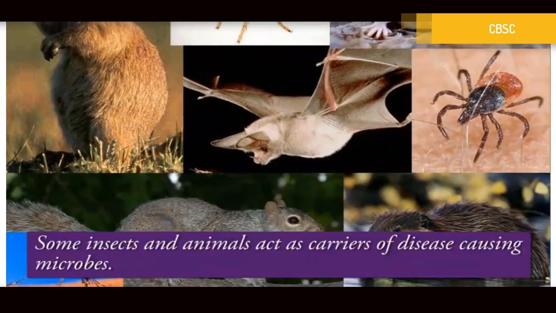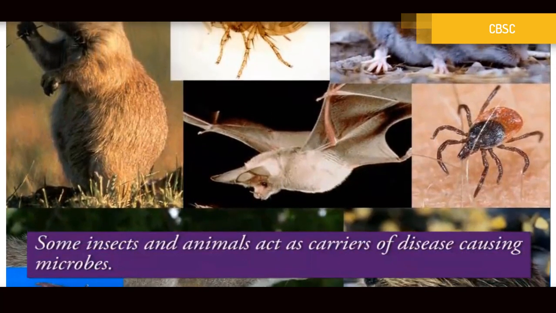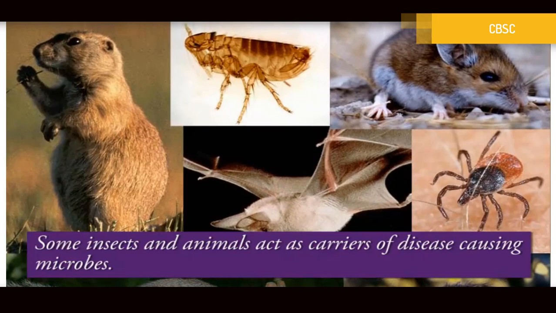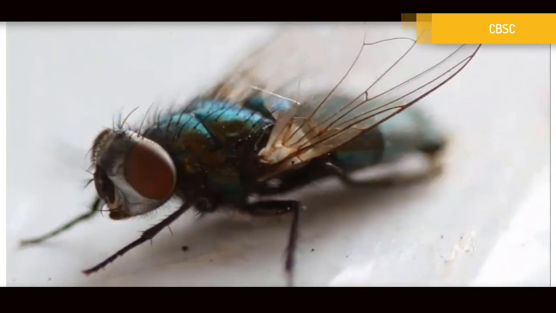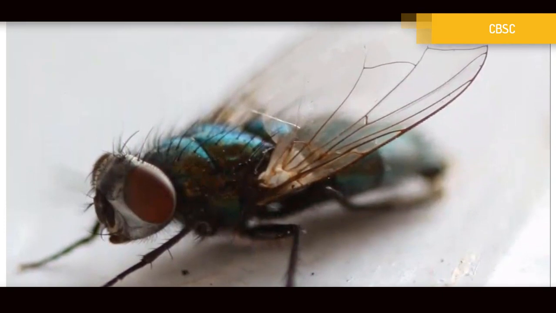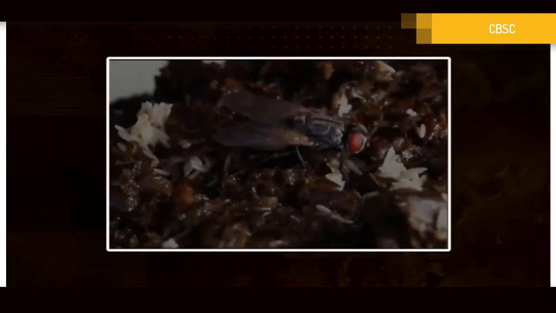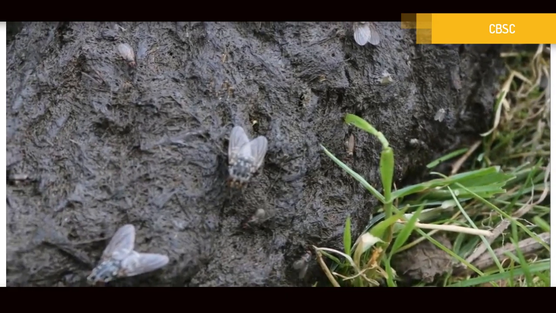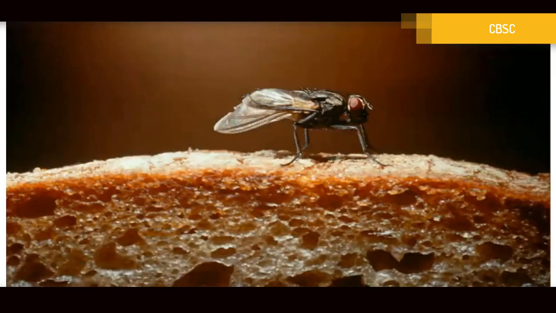There are some insects and animals which act as carriers of disease-causing microbes. Housefly is one such carrier. The flies sit on the garbage and animal excreta. Pathogens stick to their bodies.